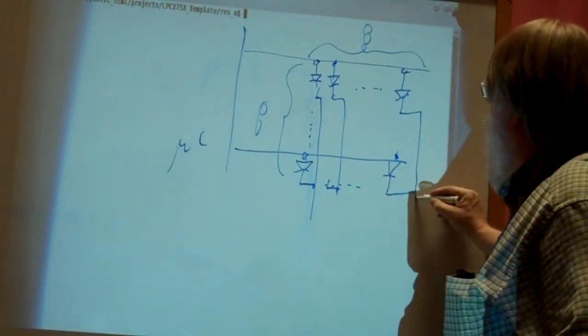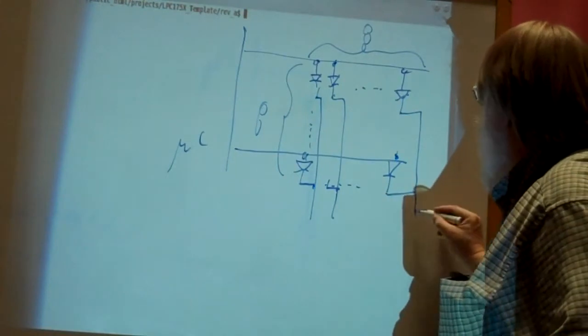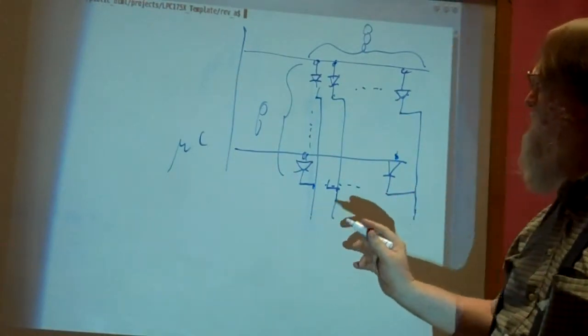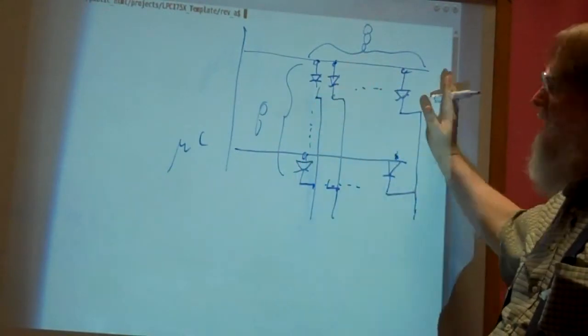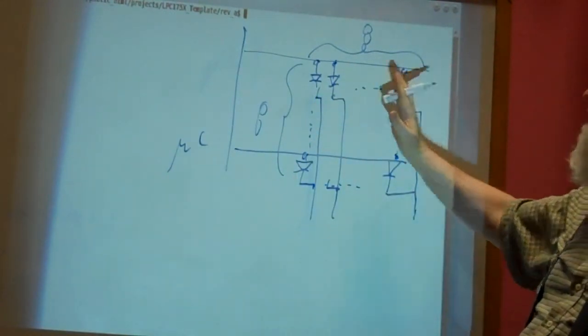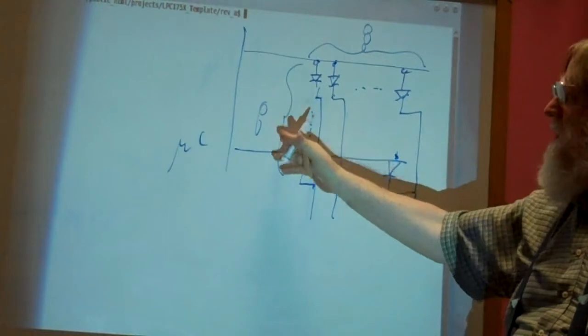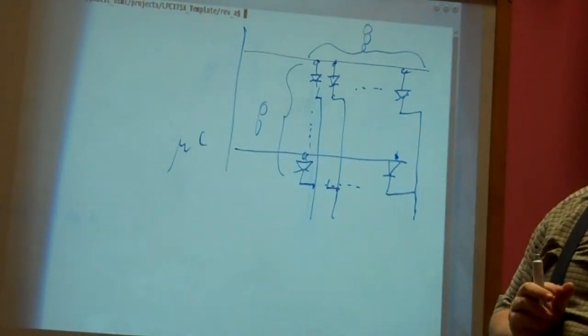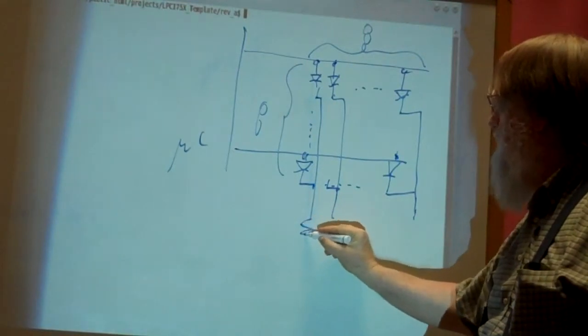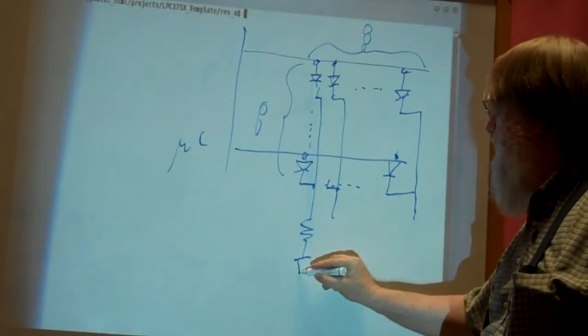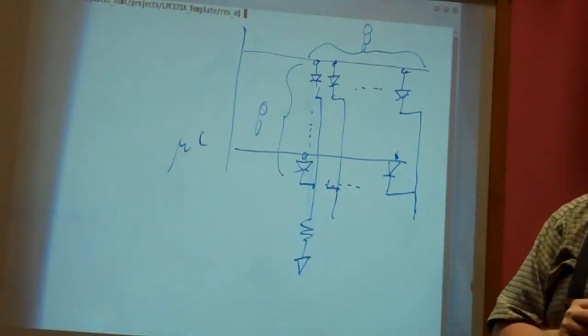You always wondered how that worked. Because we only turn on one column at a time, all these things don't turn on. And then we enable the individual LEDs to get them to go. Okay, and then we need to have some sort of current limit resistor to ground.